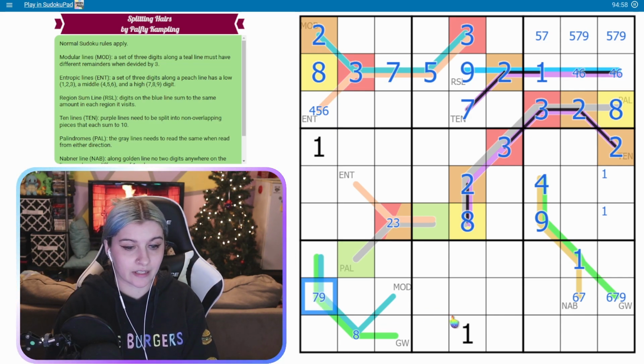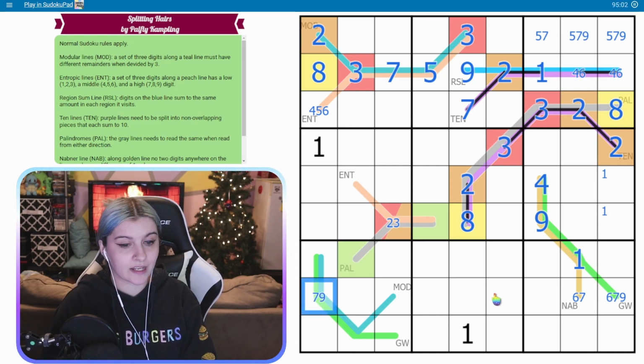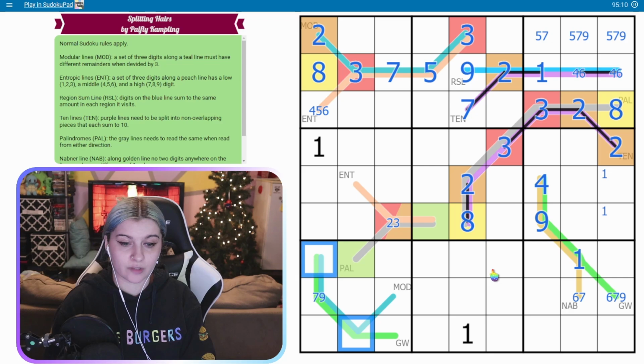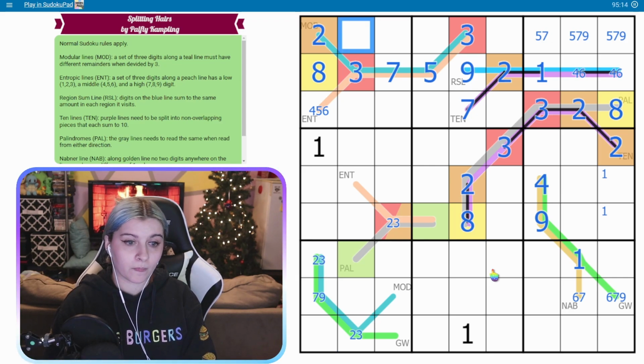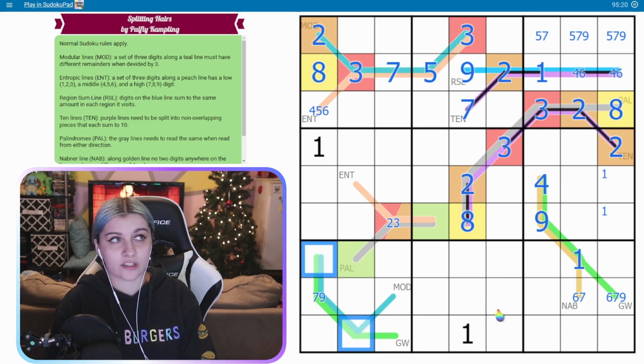This can get narrowed down even more then. This has to be a 7 or a 9. It is a high number, which means these are going to be low numbers. If this is a 7, these would be a 1, 2, 3 for German whisper. They can't be a 1, so it's going to be a 2 or a 3. No, even with a 7, it can't be a 3 either. It's just a 1 or a 2.